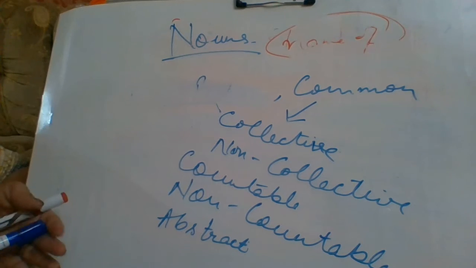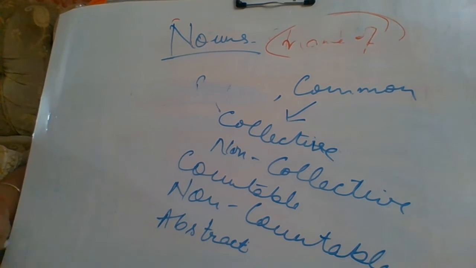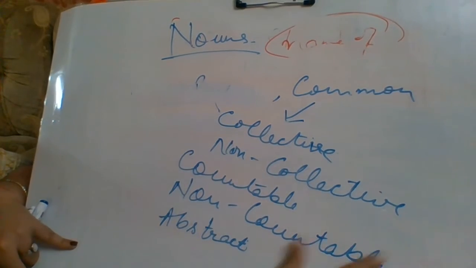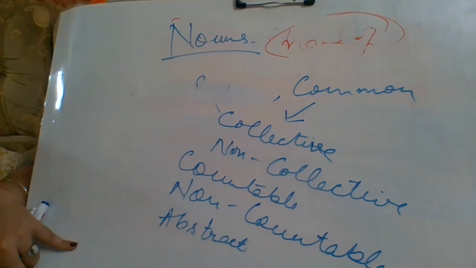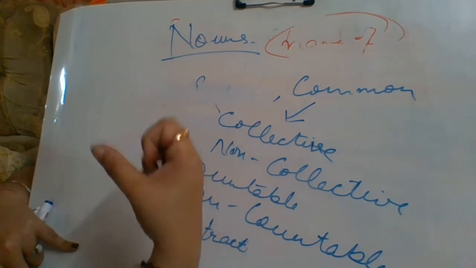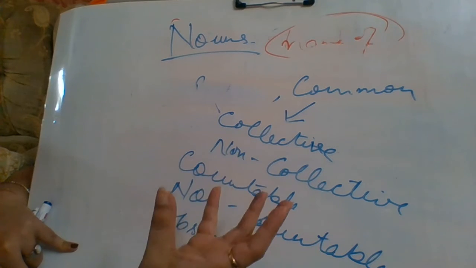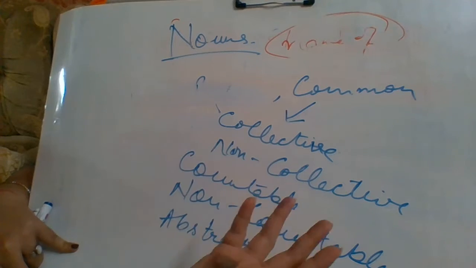The names depict what we can do with these nouns. Collective nouns are those which we can collect, for example books.